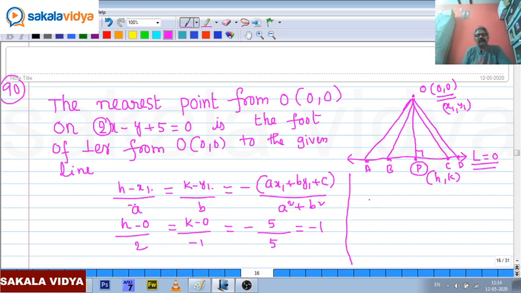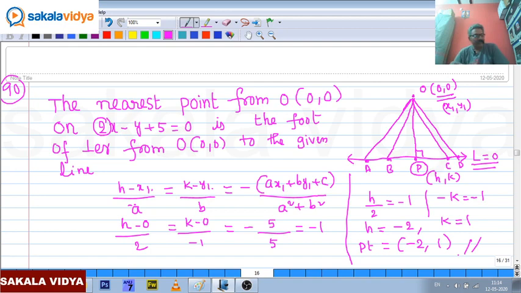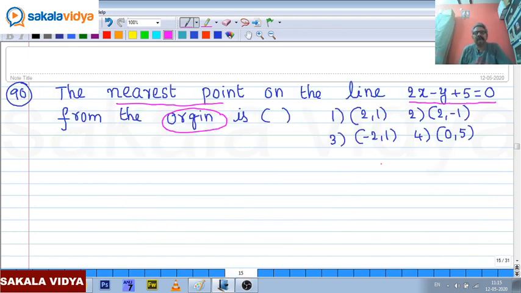So we get h by 2 equal to minus 1, minus k equal to minus 1, h equal to minus 2, k equal to 1. So the required point is (minus 2, 1). So which is the right option? The third option is the right option.